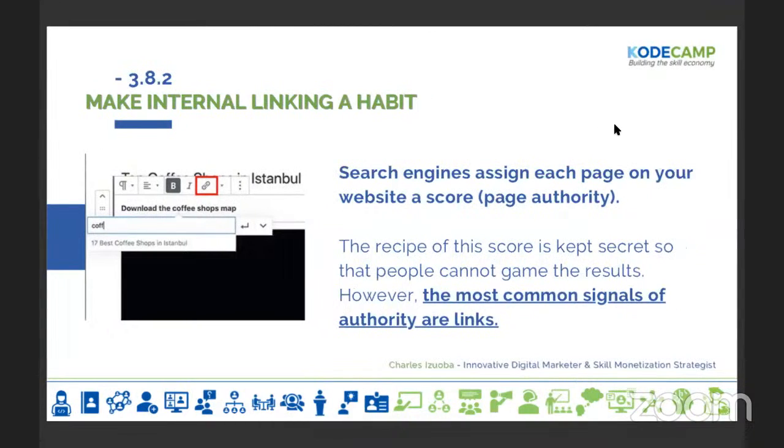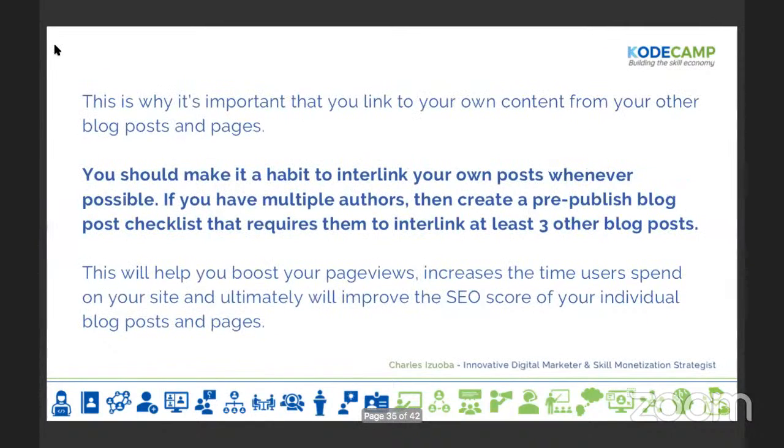All right, let's proceed. So try as much as you can to link to other content on your website so that it increases the engagement time, how long people spend on your site. And with that, Google sees your site as a site with relevant content, and it shows more of your content to the people out there. So it is very, very important.